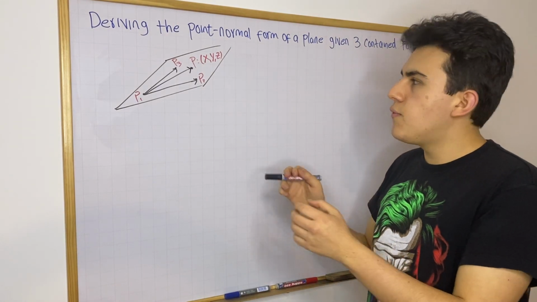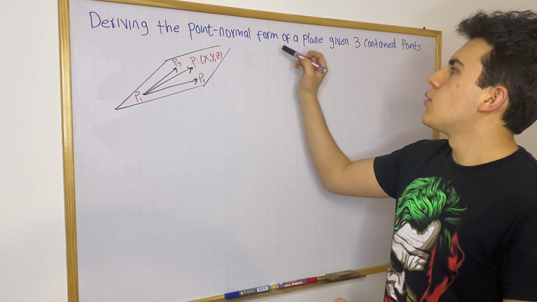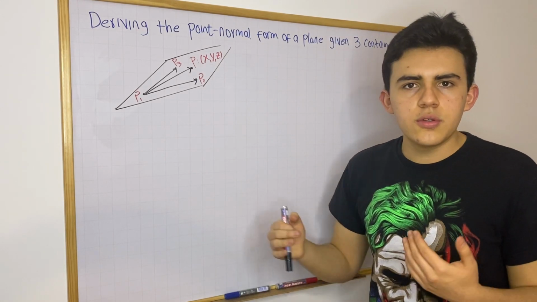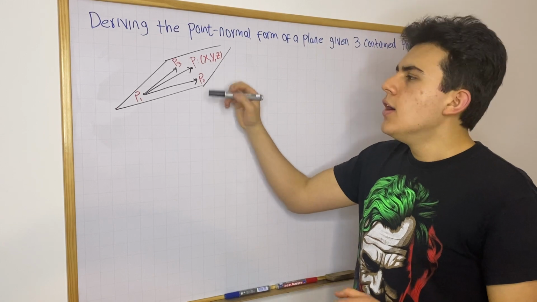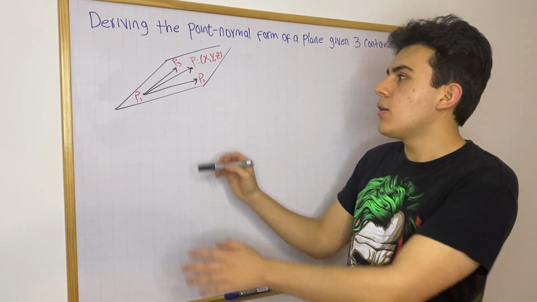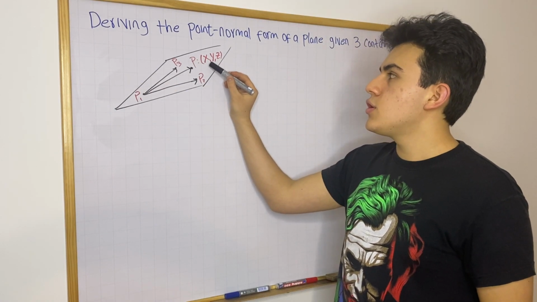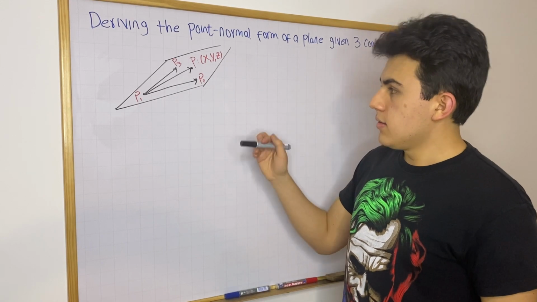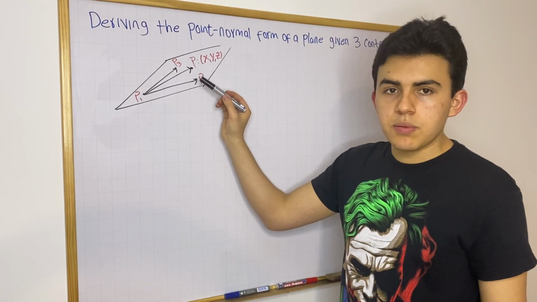But if you want to have a general solution, a general point normal form, you need to have a solution in terms of any X, Y, Z. So we have 3 points. Now, what if we have another point, which is going to be X, Y, Z, and it can be any X, Y, Z. And then, given this point P, we can create a vector from P1 to P, okay?